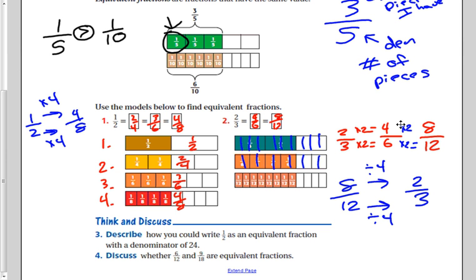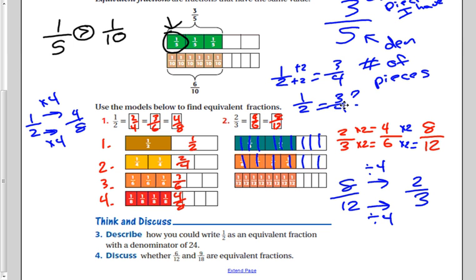Now, just to be really clear, this does not work by adding or subtracting something to the numerator and denominator. You will see that if I take 1/2 and add 2 and add 2, that gives me 3/4. But is 1/2 equal to 3/4?